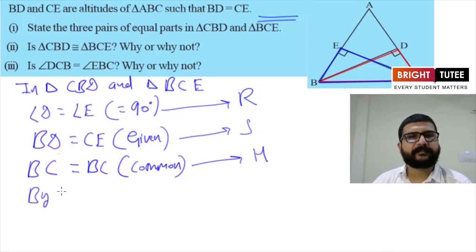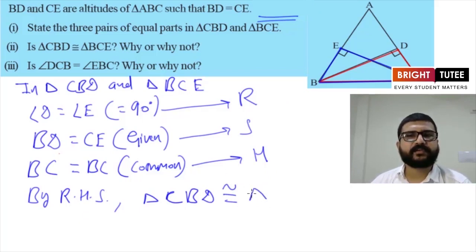So we can say by RHS congruency rule, triangle CBD is congruent to triangle BCE. Now we have to be very careful while writing the order of vertices. Here angle D is equal to angle E, so it means D corresponds to E, and D is written in the end here, so we are going to write D in the end. And what else do we have? We are having BD is equal to CE.